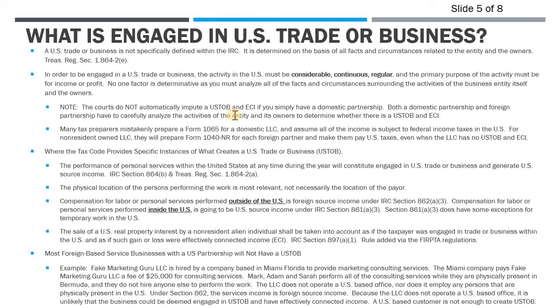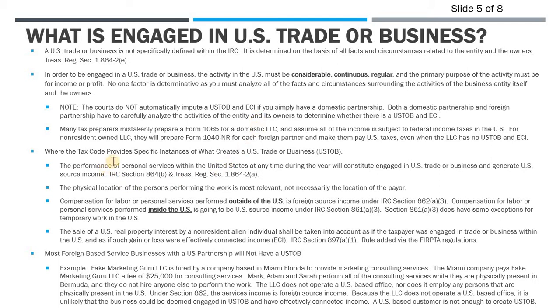And so now all of the non-resident owners are filing 1040-NRs and paying tax, and it's just completely wrong. Both domestic and foreign partnerships have to carefully analyze the activities to determine whether there is a USTOB, right? So again, just because you have a U.S. partnership does not mean you have a U.S. trade or business, right? Just that entity's location alone is not sufficient.